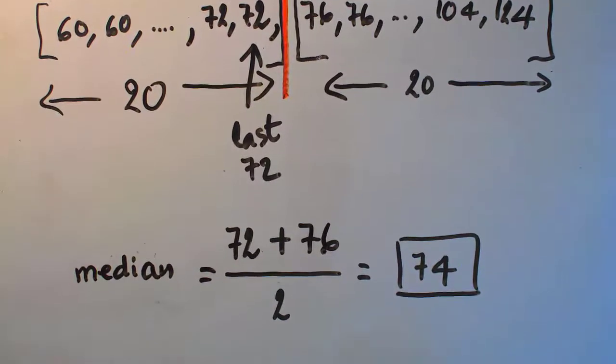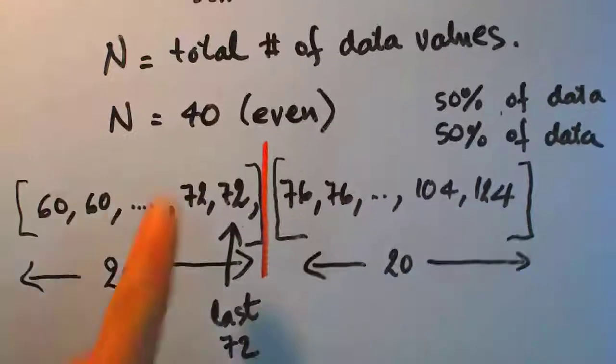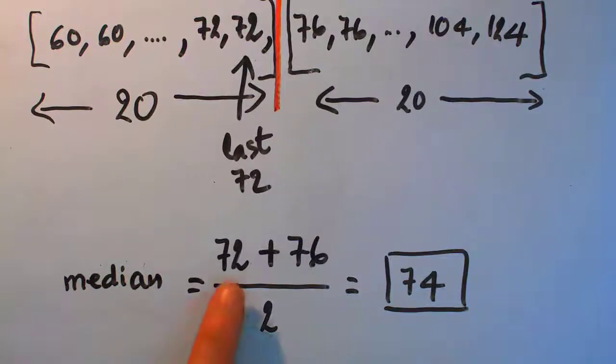Now if you're looking closely right here and making the connection to the common answers, like I said earlier in some of the other videos, when I hear people answering what a median is, they commonly say, when your data contains an even number of data values, we find the two middle values, add them up and divide by 2.